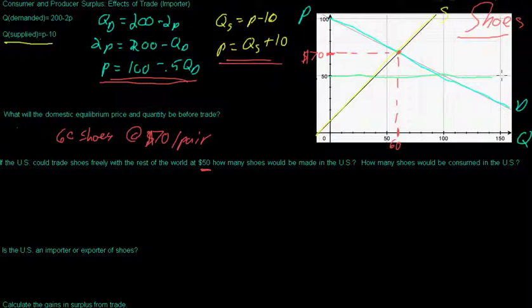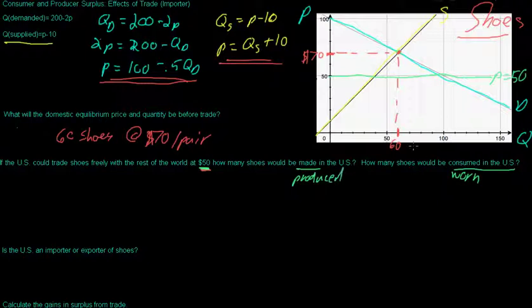So here in the US, when price is equal to 50, that's represented by this green line right here. I'll underline that in green. We want to know how many shoes would be consumed, or probably a better word is worn, in the US, and how many shoes would be made or produced in the US.